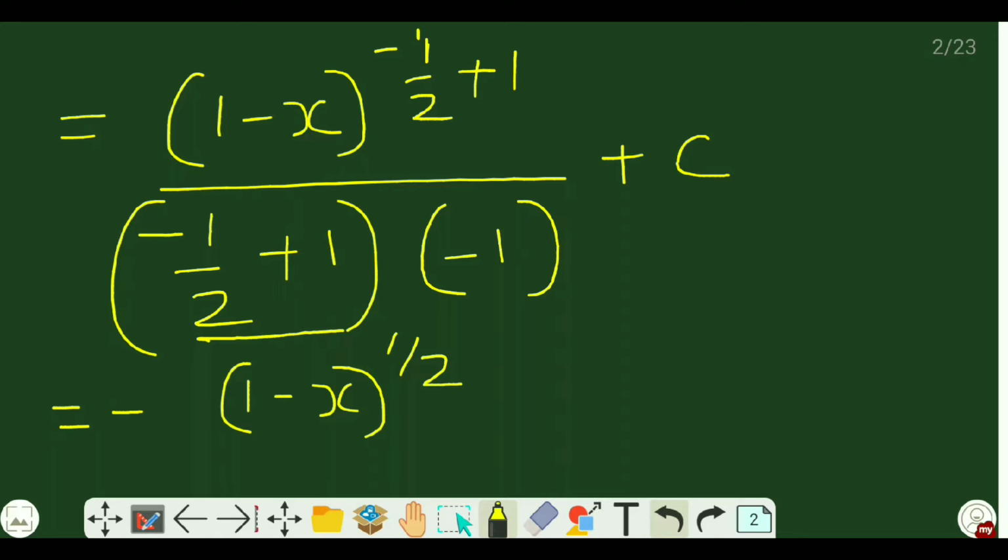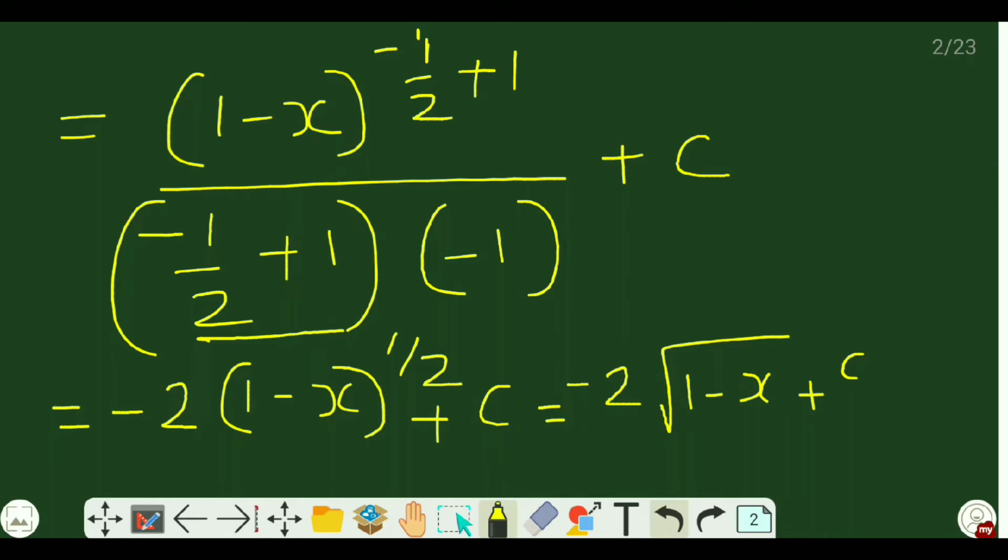So, in the denominator it is half, so it comes up in the numerator and becomes 2. This can also be written as minus 2 root of 1 minus x plus c. Now, you can look in the textbook and decide which is the correct alternative given there.